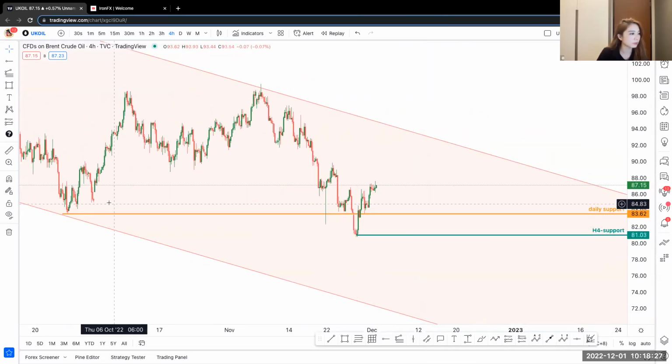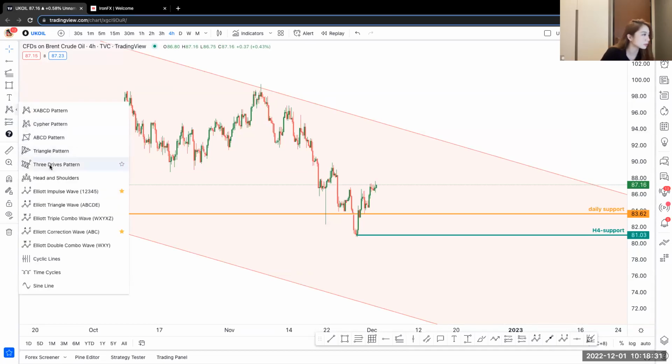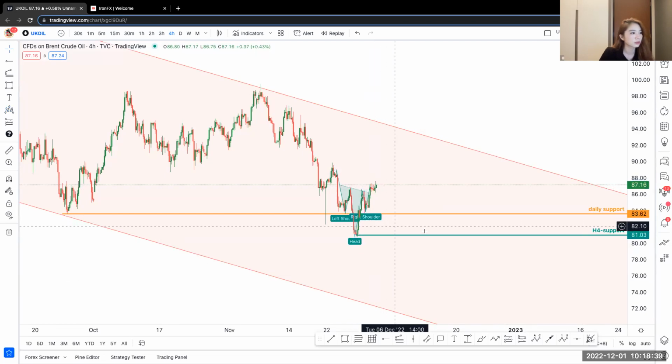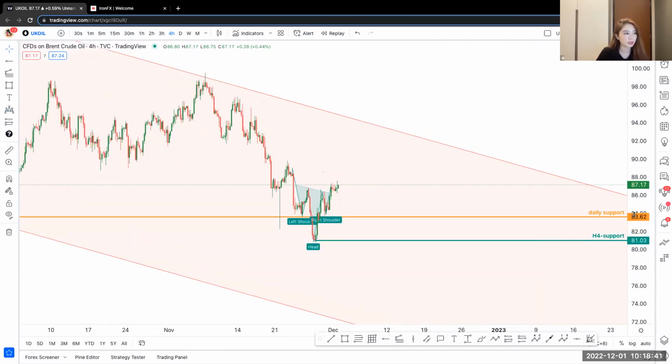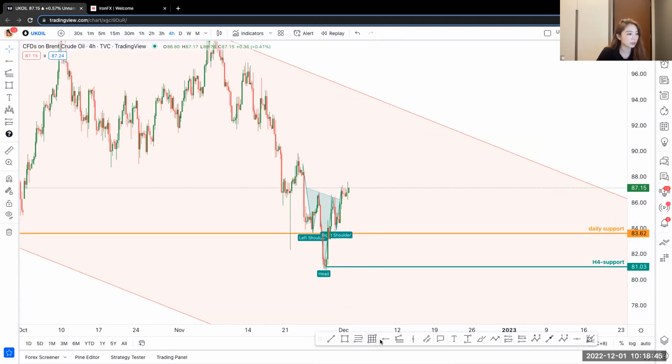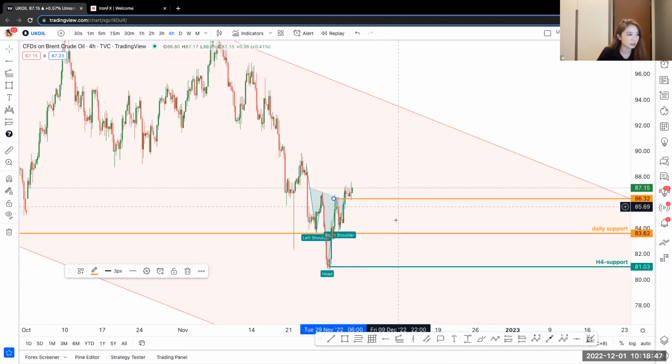Okay, however, I'm actually seeing a pattern. Okay, there's a chance that H4 has a small head and shoulders movement. We are looking at an increase. So in this case, looking at a possible entry over here.